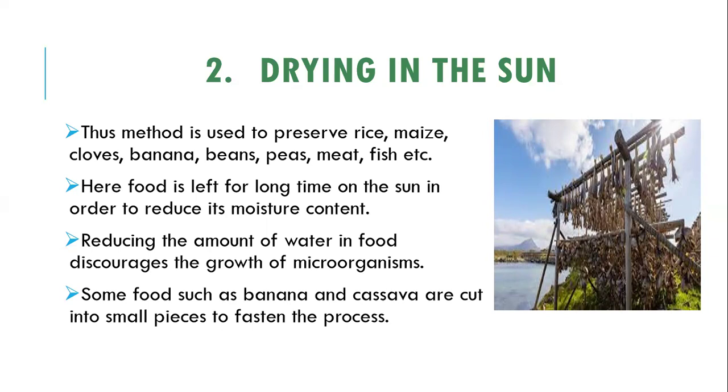As you can see, here is how drying in the sun looks. Some foods such as banana and cassava are cut into small pieces just to speed up the process of drying in the sun.